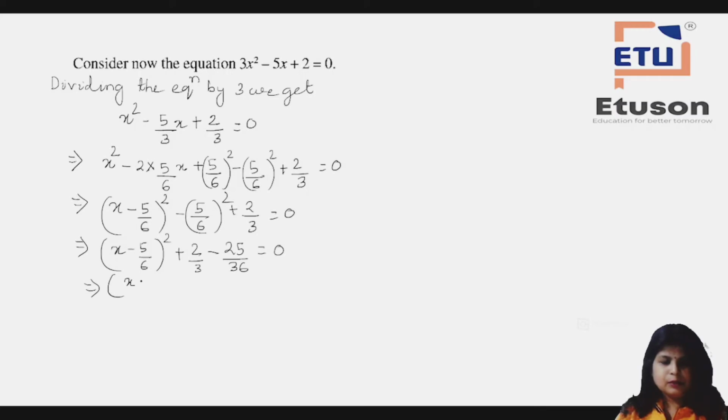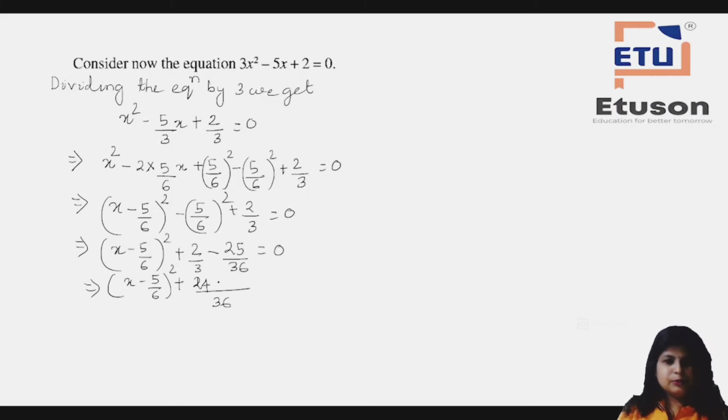So let us solve it further. You will get x minus 5 by 6 whole square. So here the denominator becomes how much? 36, right? So if the denominator becomes 36, it becomes what? It becomes 12, because 3 into 12, so 12 into 2, so directly I am just writing the answer 24.